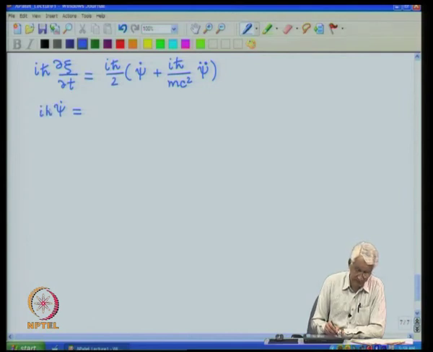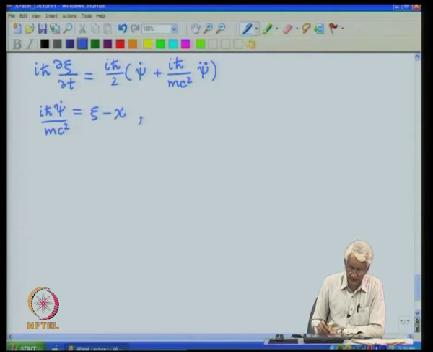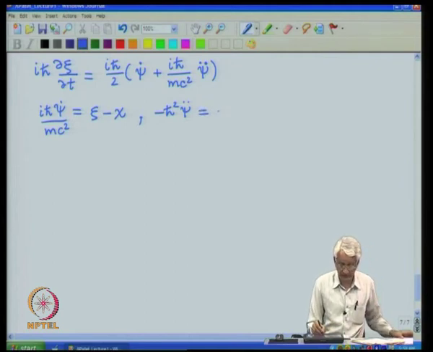I h cross psi dot by m c square is nothing but zeta minus chi, and to eliminate psi double dot we can use the original Klein-Gordon equation.